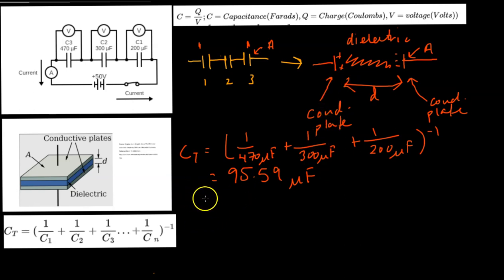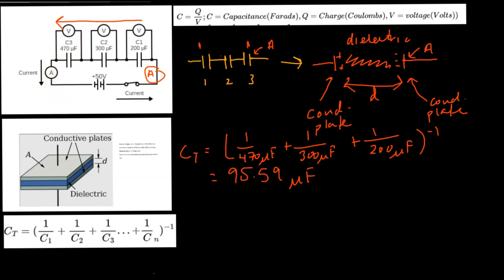Okay, so with this being in series, we know the total current flowing through the circuit is going to be the same at this point here and at that point. So the same current value goes through each capacitor.